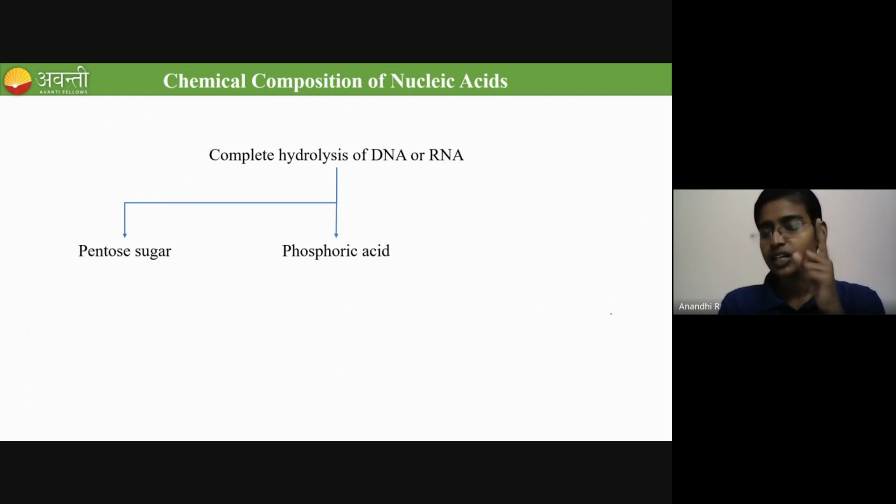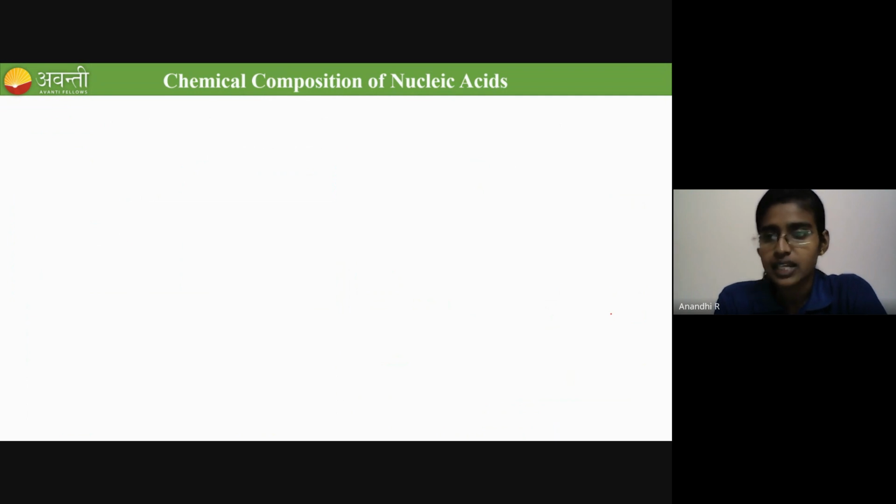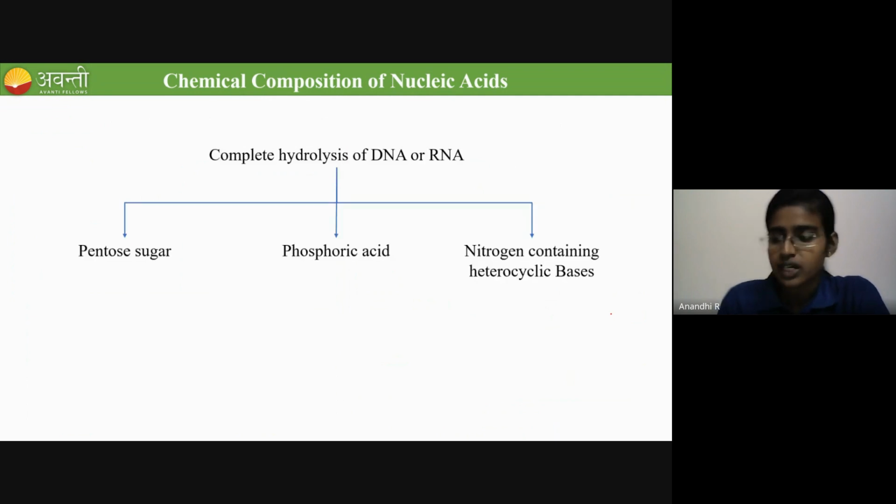And if you remove one oxygen, that is, you have to remove the oxygen from the second carbon, it becomes deoxy of that ribose sugar, right? So that's why we are calling it deoxyribonucleic acid, which is DNA. And it consists of pentose sugar, phosphoric acid, and nitrogen containing heterocyclic system. So what are the three components? Pentose sugar, phosphoric acid, and nitrogenous bases.